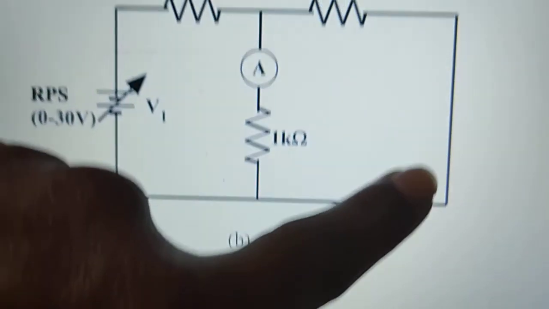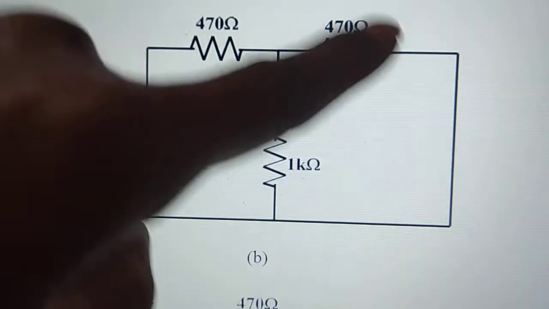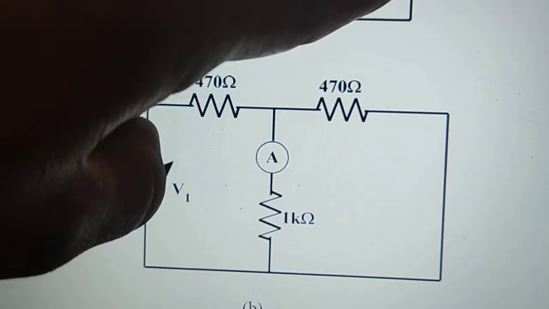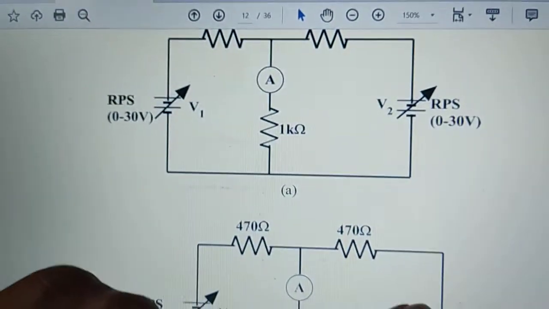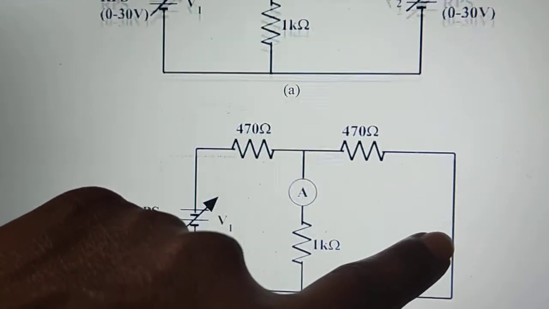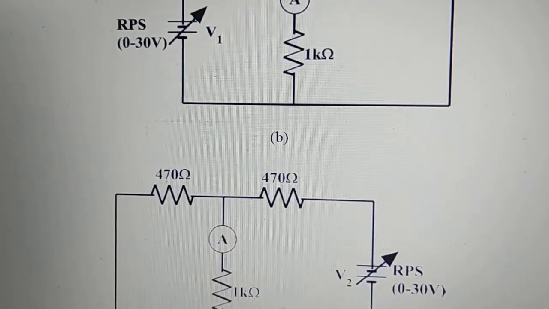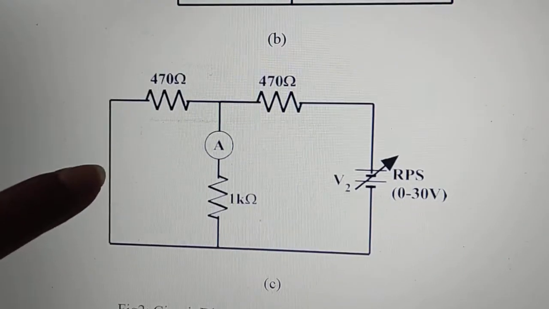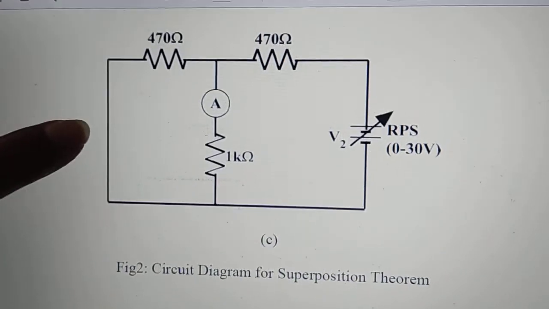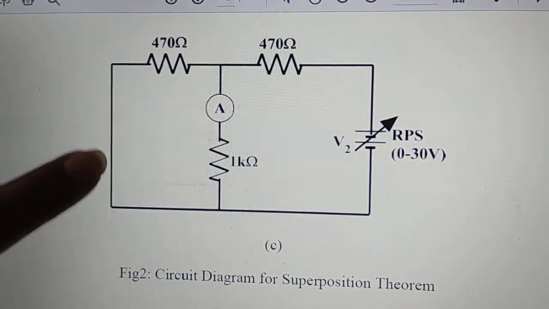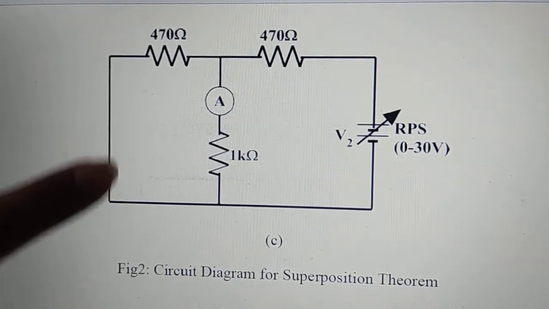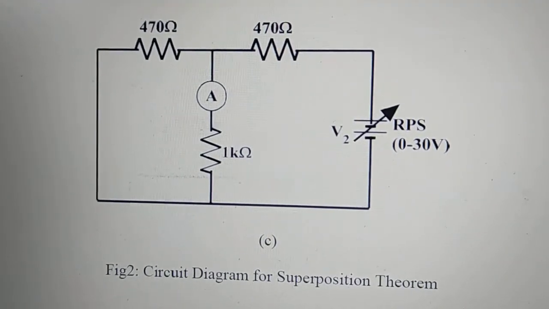This line indicates the short circuit. In the first case, we have replaced the V2 voltage source with a short circuit line. In the second case, we have replaced the first voltage source with its internal resistance, that is, a short circuit line.